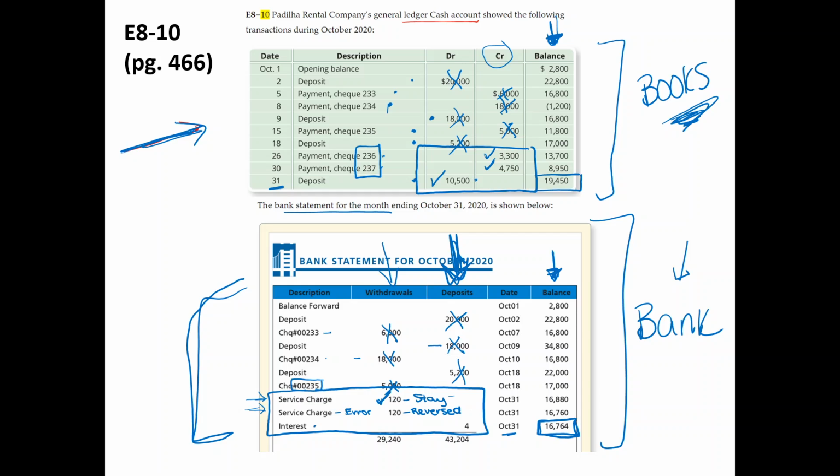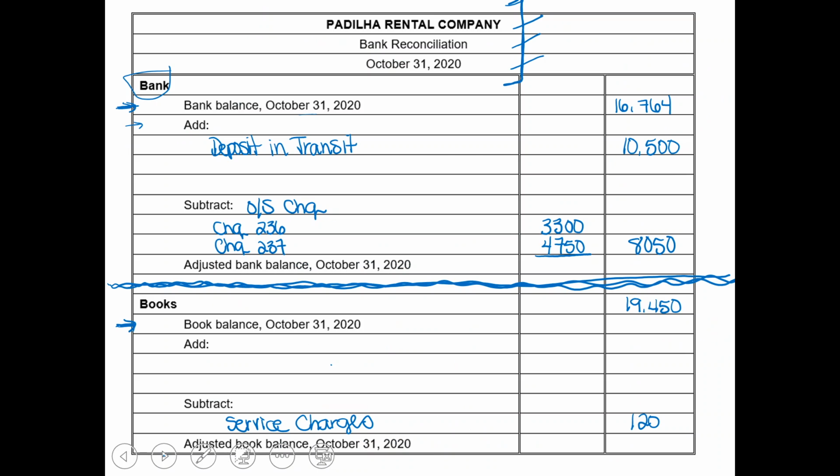Now the second one, that the bank agreed, as it said in the question, the bank has agreed to reverse one of the bank charges. So since it's an error on the bank's part and they are going to put that money back into our account, we actually need to reconcile for that on the bank portion of the bank rec. Because next month, the bank is going to put that back into our account. So it's going to go back into the bank, and therefore we add this on the bank portion.